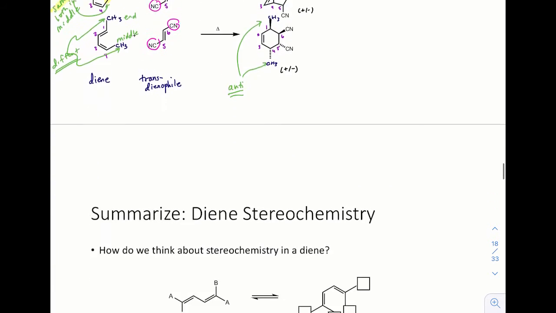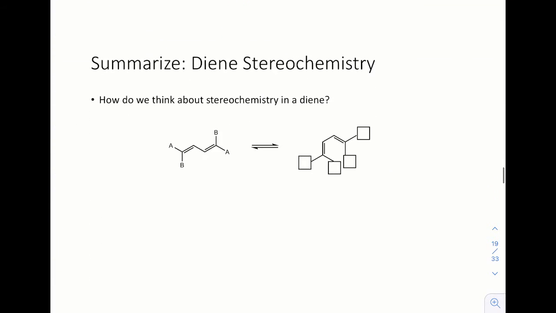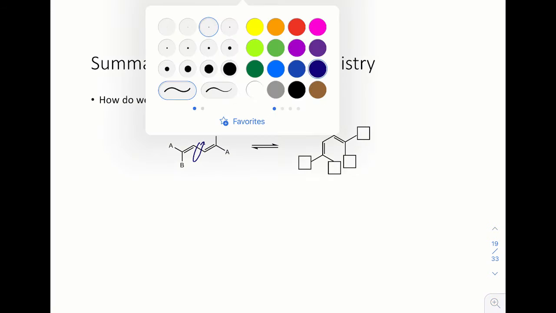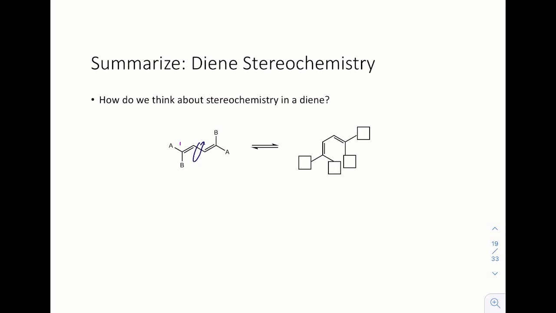Okay, what is she talking about? Different versus same positions. So how do we think about stereochemistry in a diene? Here's a diene. Let's imagine rotating around the carbon 2,3 bond, going from the s-trans to the reactive s-cis conformation.